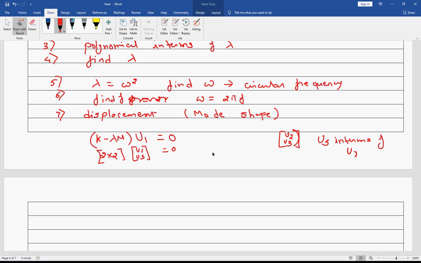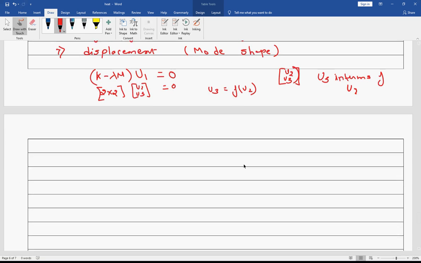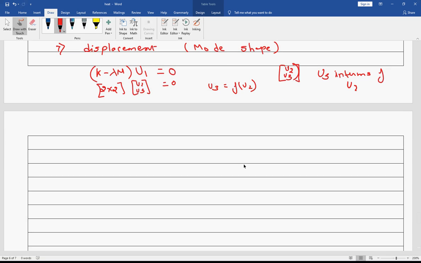So from the first equation you can find u3 in terms of u2. This relationship you will get. We will see in detail how we are going to go through it.